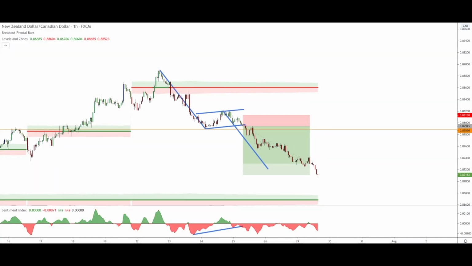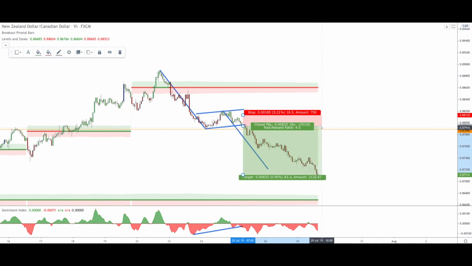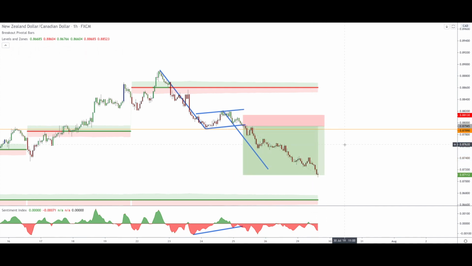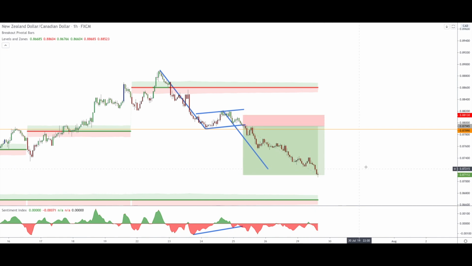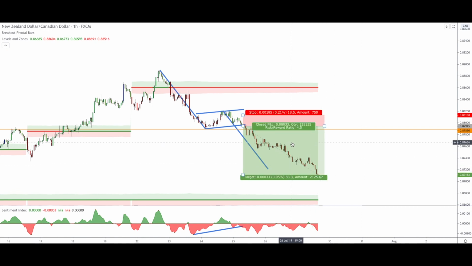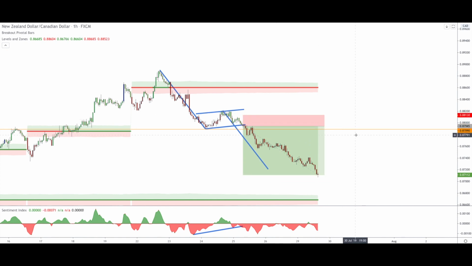Okay, so this trade was very nice. The price moved quite smoothly. It went straight down with a very slow pace but consistent, and ultimately we reached our target of 4.5x, which is excellent with this setup.